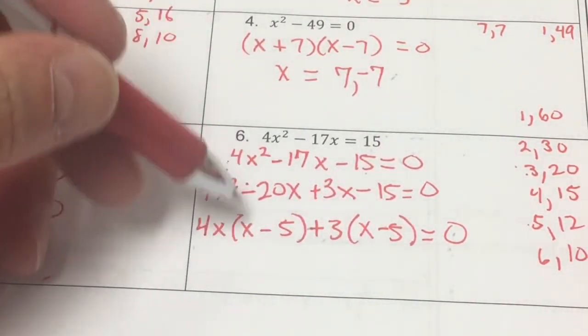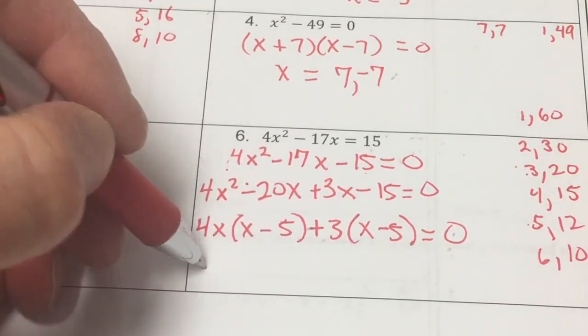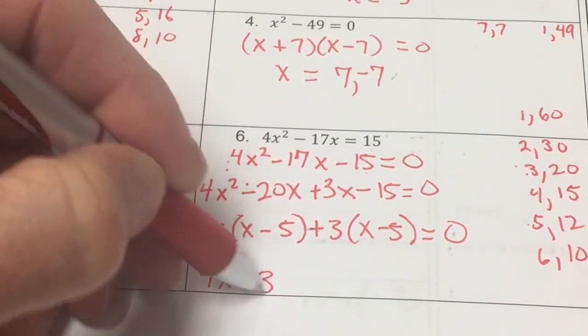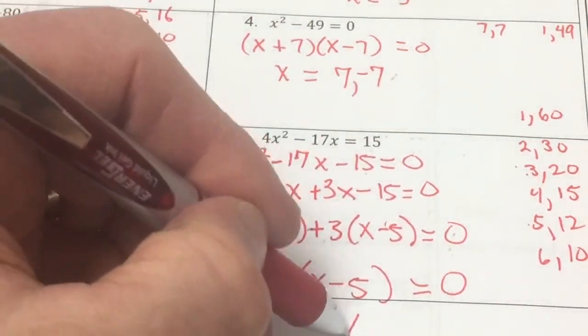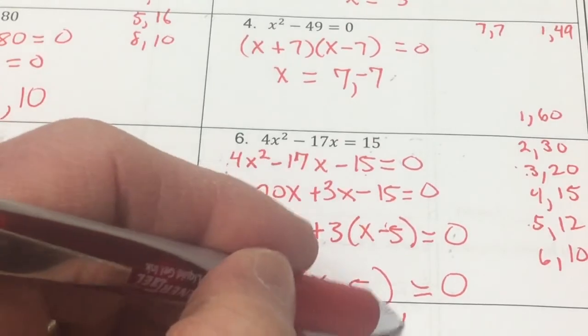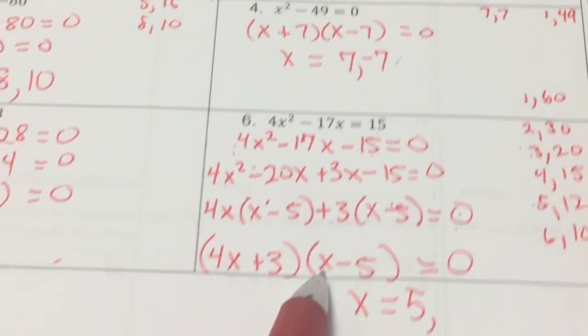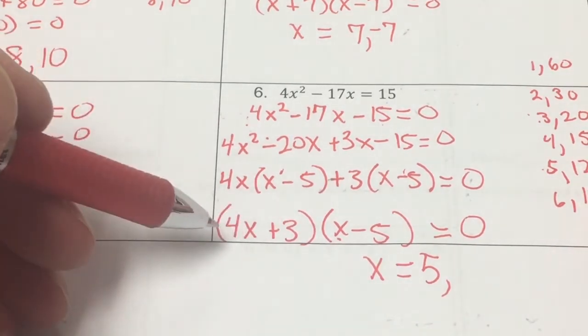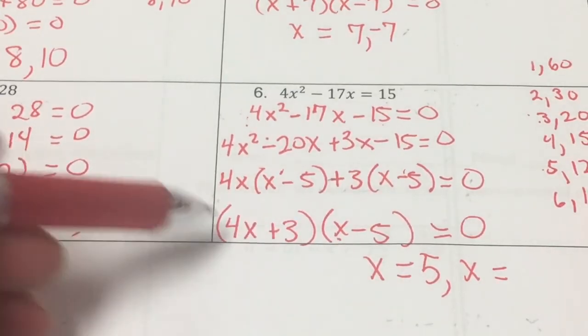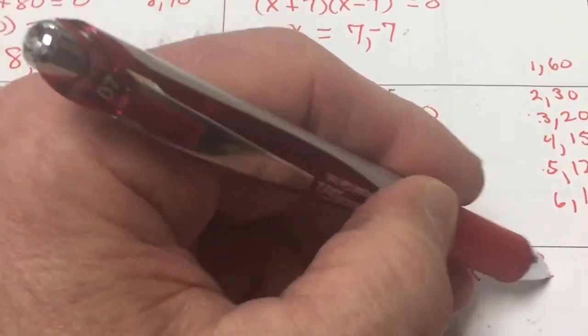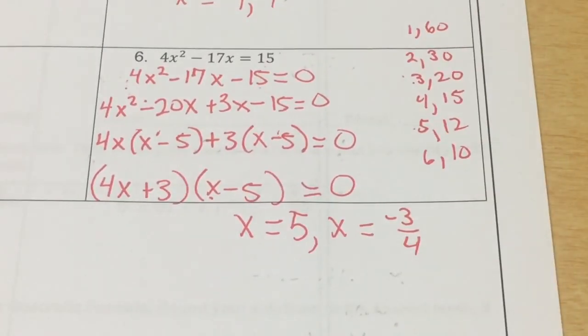And with that, if we can write it this way, then that means we can rearrange things and say 4x plus 3 belong in one parenthesis, and the x minus 5 belongs in the other. And with that pair of factors, 5 is a solution, easily seen right here, where 5 minus 5 would be 0. And also, we have 2 steps to solve this, subtracting 3, dividing by 4, and so negative 3/4. And that's a quick review of solving by factoring.